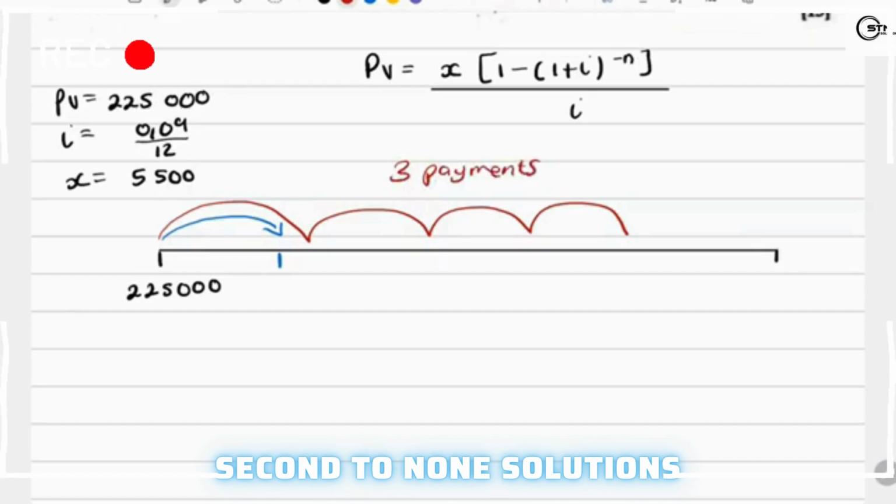Now, there is a consequence for that. You miss 3 payments. What happens is the loan amount, how much you owed before, is not how much you're going to owe when you start paying. You're going to owe more, because what happens with that loan amount is you get charged interest on your loan. That's why when you take a loan from the bank, it is best to pay the loan as quickly as possible, because then you would pay less interest.